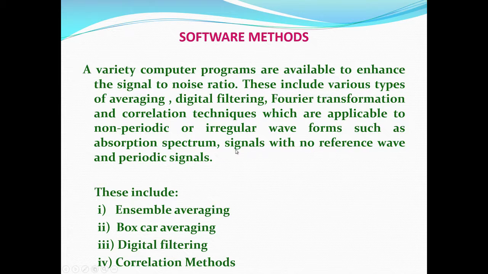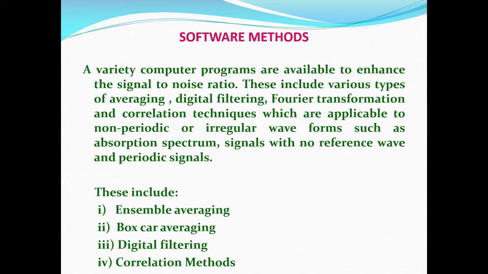So, signals with no reference wave and periodic signals can also be handled, because signals with no reference means they would have stored the reference signal and then it will be used for averaging. There are several types of averaging a spectrum, known as ensemble averaging, boxcar averaging, digital filtering and other correlation methods. I will not go into the details of this, because this course refers not to the instrumentation, but to the technique as a whole.